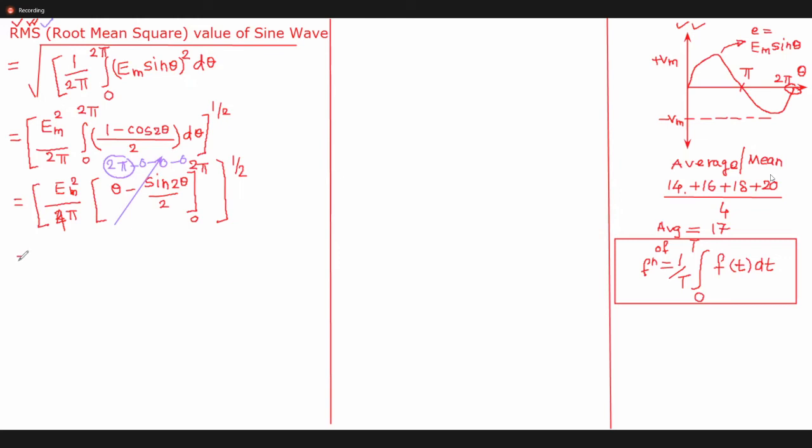So we can write it down as Em square by 2 pi, by 2 only, and the bracket stays 1 by 2. Because this pi will cancel with this pi, and this 2 will cancel with this, I'll be left with Em square by 2. And therefore, when we simplify, this will become simply equal to Em by root 2.